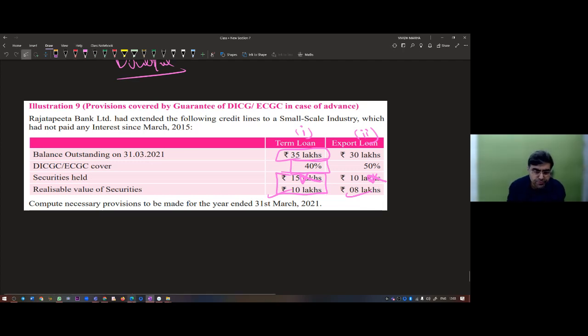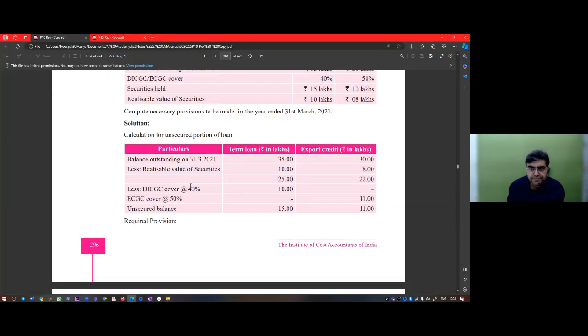Let me show you. I will save your time. The loan is 35 lakhs. Security is 10 lakhs. Unsecured is 25 lakhs. In unsecured, the cover is 40%. That is 10 lakhs. Unsecured and uncovered by the government security.